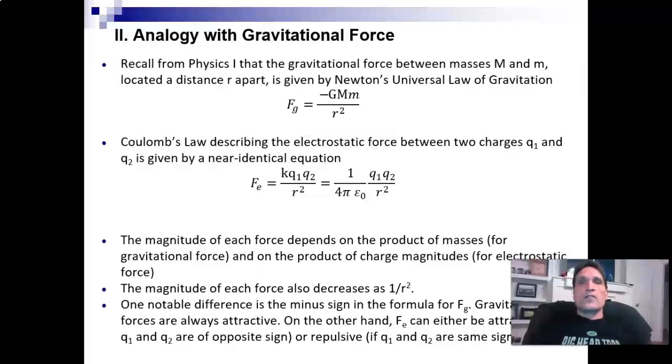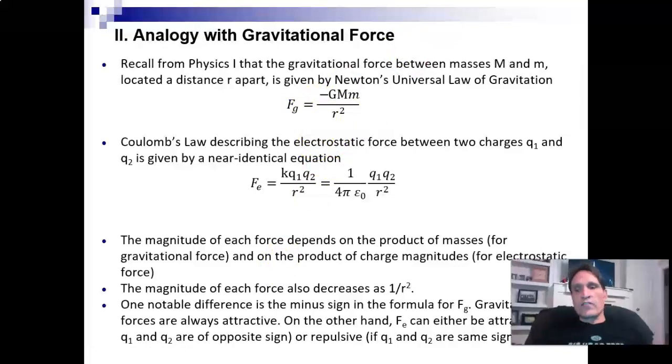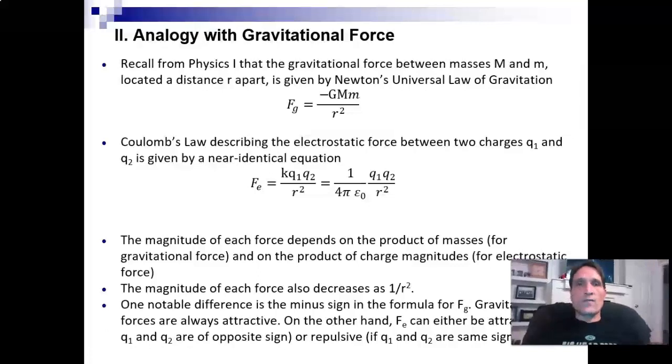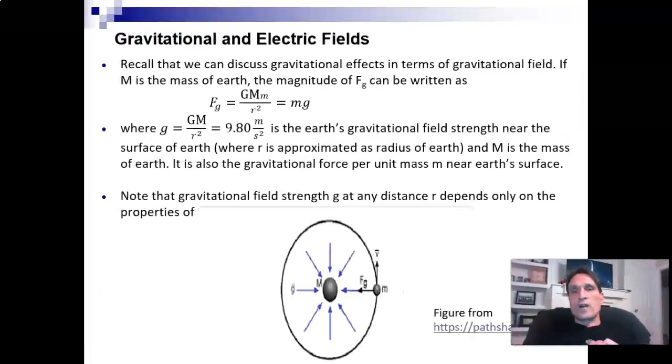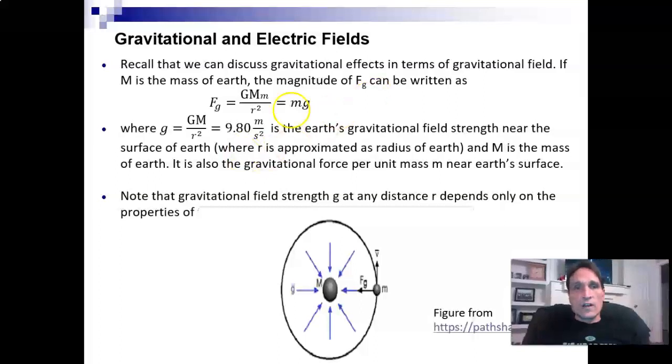And so, since these equations are virtually identical except for the sign, we can use a similar concept used for the study of gravitational forces to describe electrical effects. When you discuss the gravitational forces, and if you just look at the magnitude, it's G times M times little m over r squared.